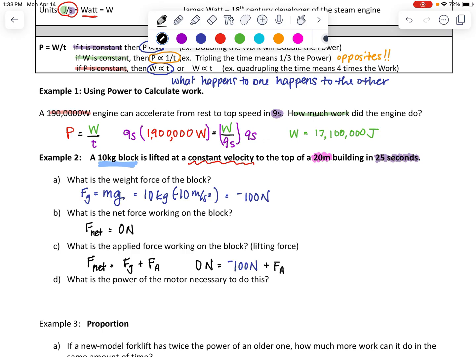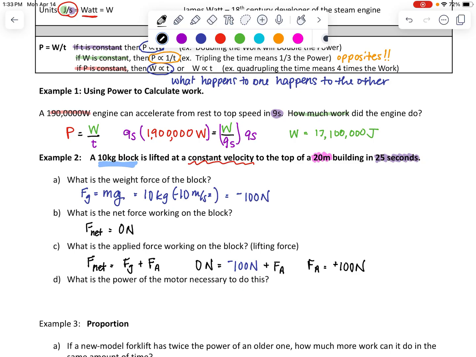When you do the math, your Fa ends up being positive 100 newtons. You don't actually need the math to know that. You just know the net force is 0, so they have to balance each other out. So Fg is negative, that means Fa is positive, and they are the same value.